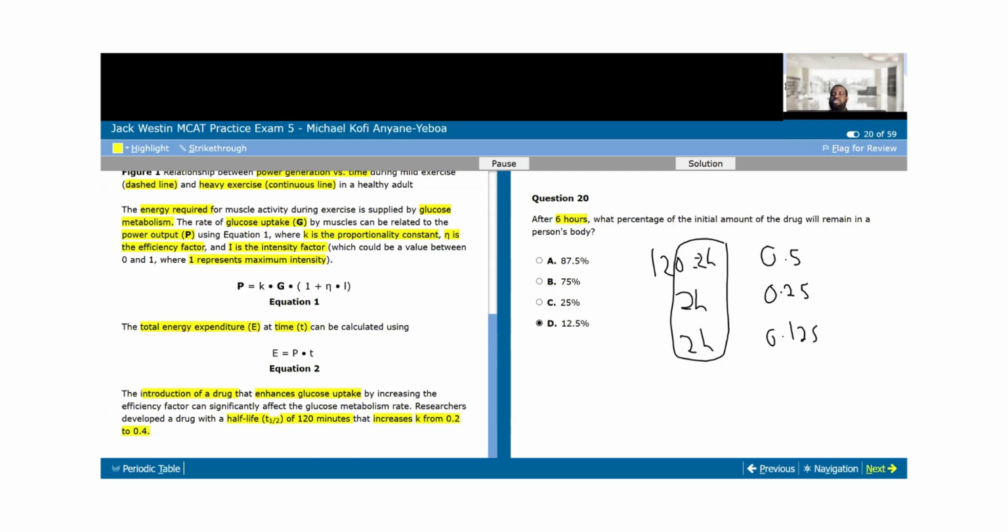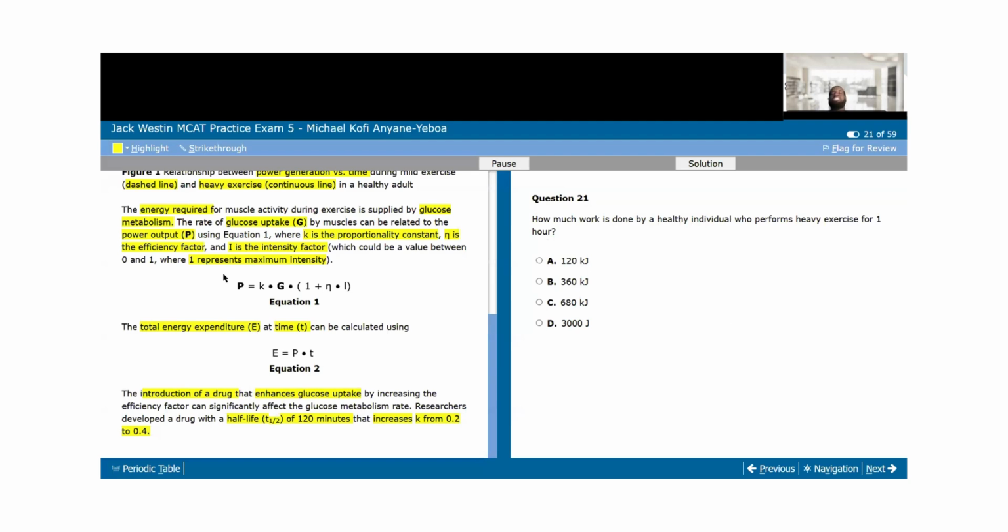Okay, so let's move on to our last and final question. How much work is done by a healthy individual who performs heavy exercise for 1 hour? Anytime you see work done, just start thinking energy. They've given us a nice equation here for energy, but this is an equation I would say you should memorize for the MCAT.